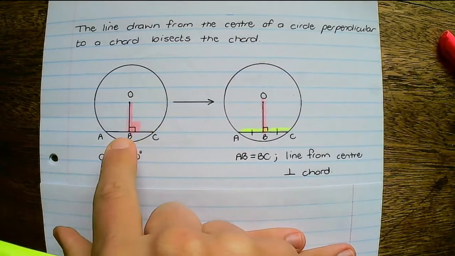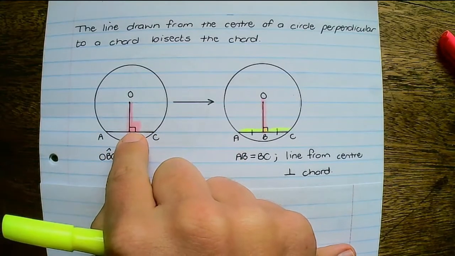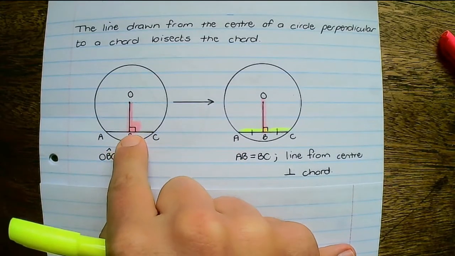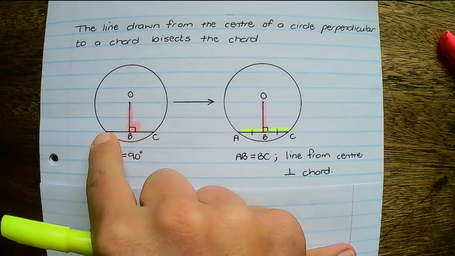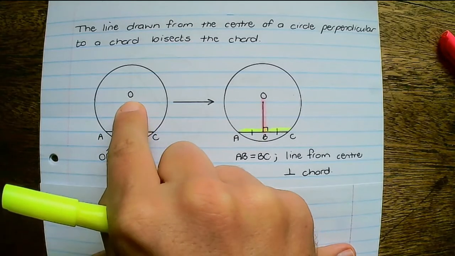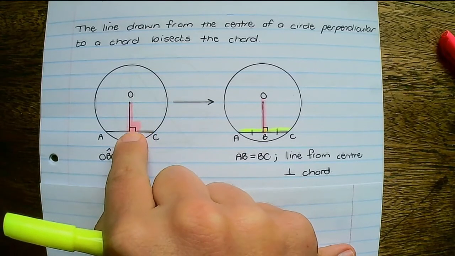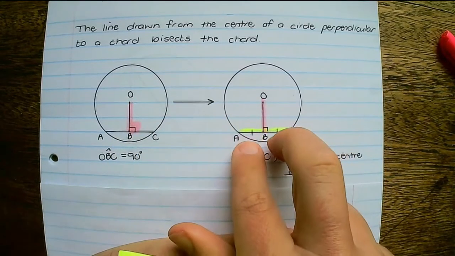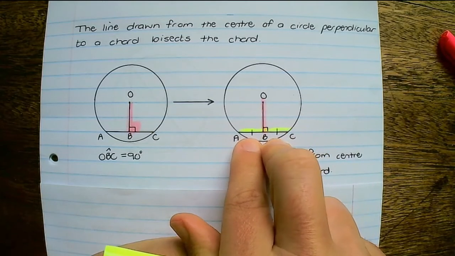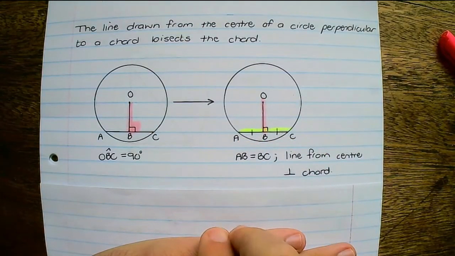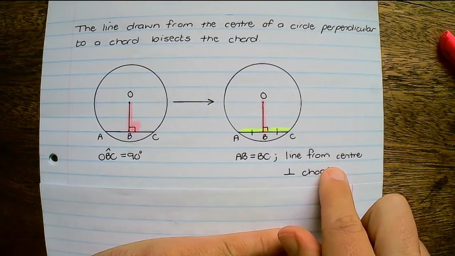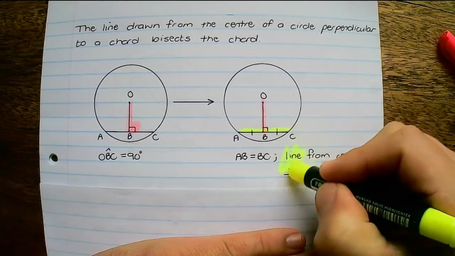Now we have it the other way around. We are given that the angle OBC is equal to 90 degrees. We are given that AC is a chord, and that O is the center of the circle. And because it meets the chord at 90, it is cutting that chord in half. So the reason is line from center perpendicular to the chord.